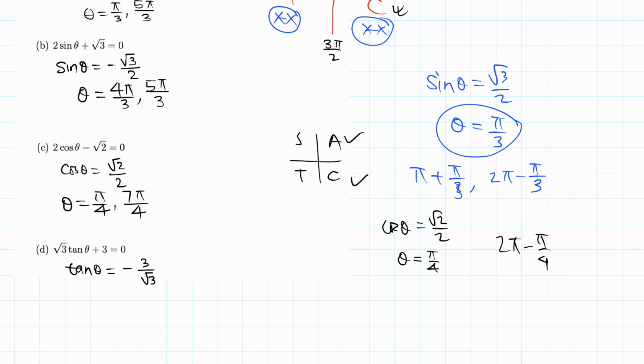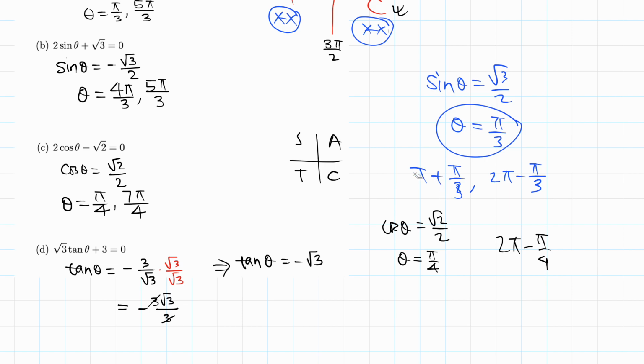In fact, we can simplify this 3 over root 3 by rationalizing the denominator. I'm just simplifying the right hand side. That's negative 3 root 3 over root 3 times root 3, which is 3. Now the 3s cancel. Let me rewrite here: tangent theta equals simply negative root 3.